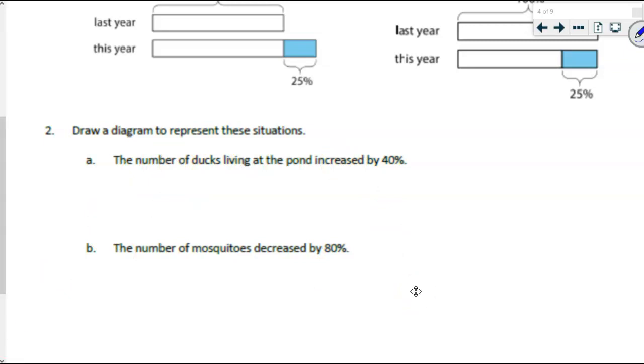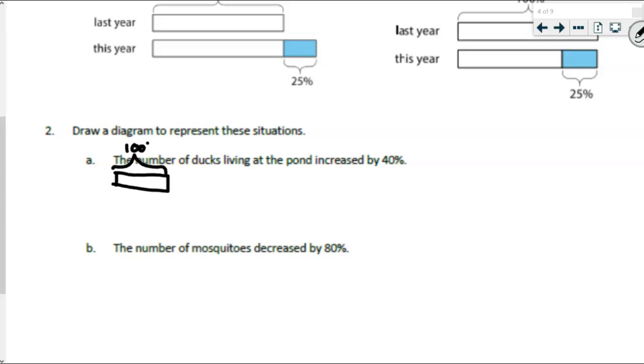Okay, we're gonna go over it together. I have a student up at the board ready to draw their diagram. Go ahead, Dylan. All right, he drew a bar.